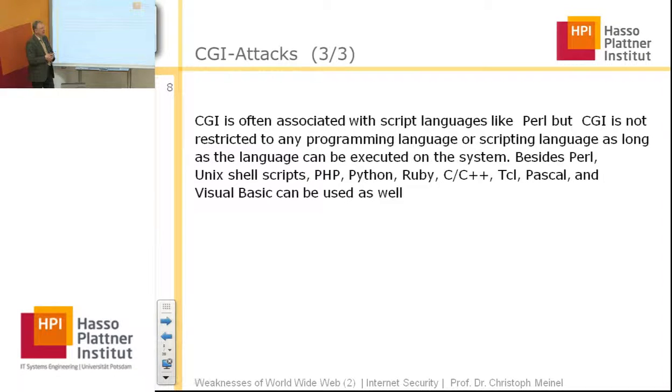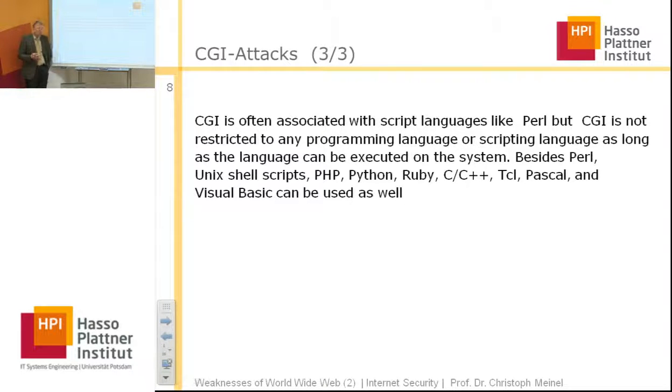And what is the problem? What is the security risk behind using CGI? CGI often is associated with the scripting language Perl, but it's not limited to it. CGI can also use other programming or scripting languages as long as the language can be executed on the system.